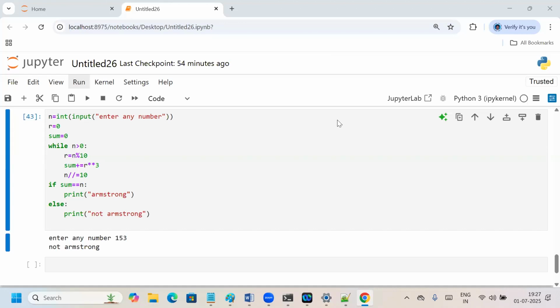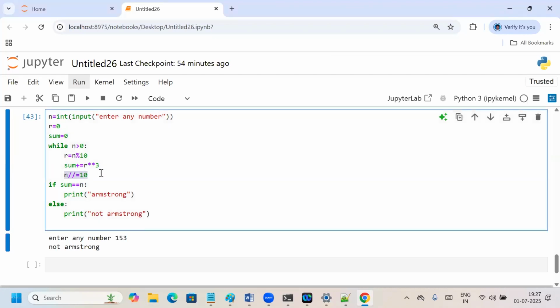Should I change the condition? N is not changing. N is not changing, guys. N floor division equals to 10 means n equals to n floor division 10. N is changing or not? Then should I change the condition? Let me know, guys. What should I change?